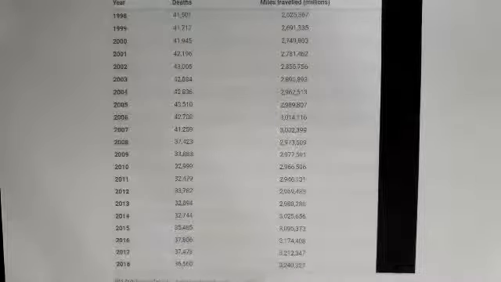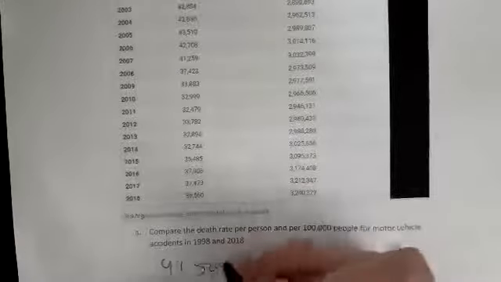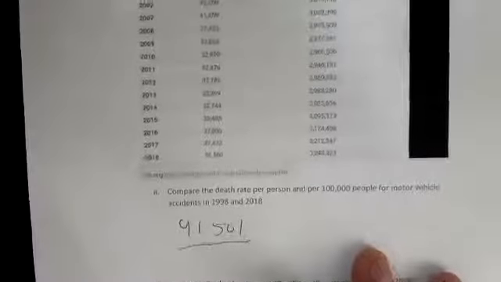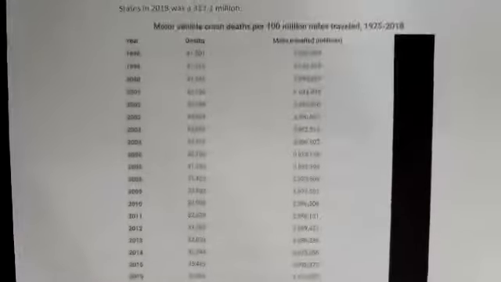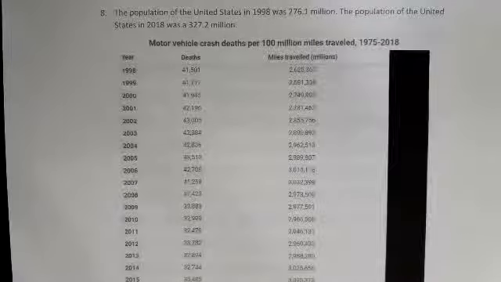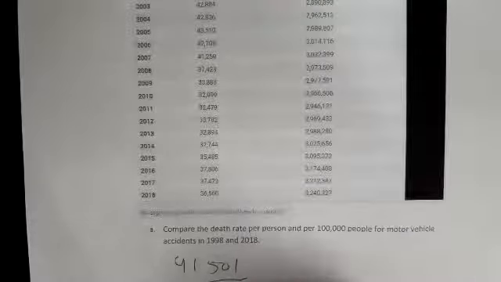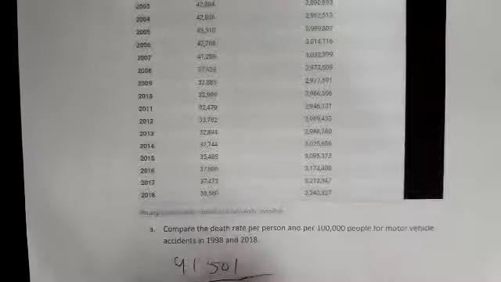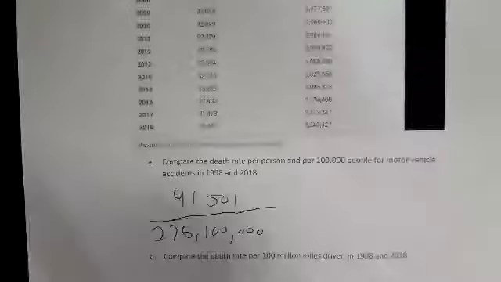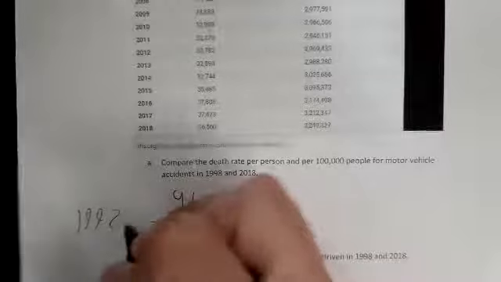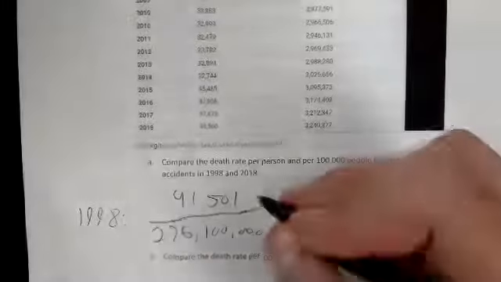So 1998, there are 41,501 out of how many total? 276 million, so 276 million, 100,000, and a bunch of zeros. Wait, for 1998?